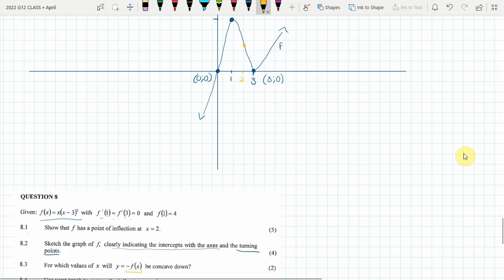It's concave down everywhere before the point of inflection, and concave up everywhere after the point of inflection. So remember, what is the domain of F?